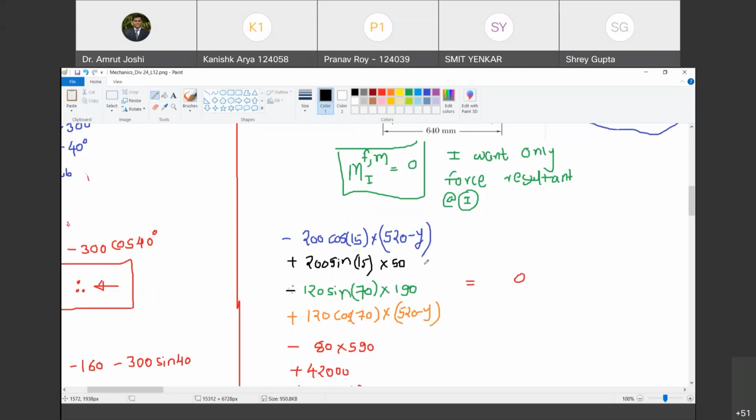Minus 120 cos of 15 into 520 minus alpha y. That's correct.